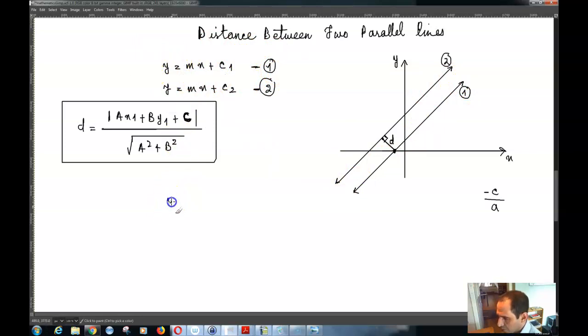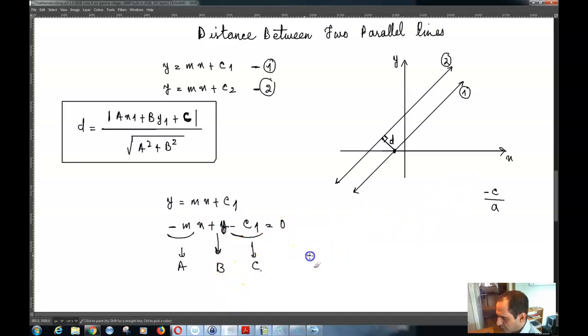So you have y is equal to mx plus c1, and so if I write this equation in general form, negative mx plus y minus c1 is equal to 0, then this over here is a, this over here which is a 1, is b, and this over here is your c.